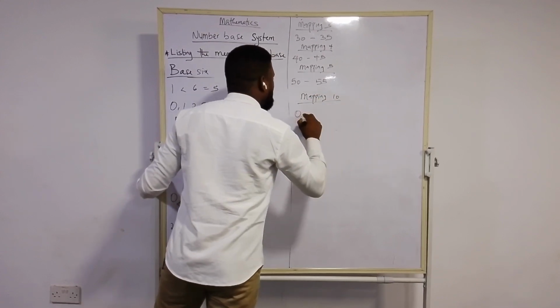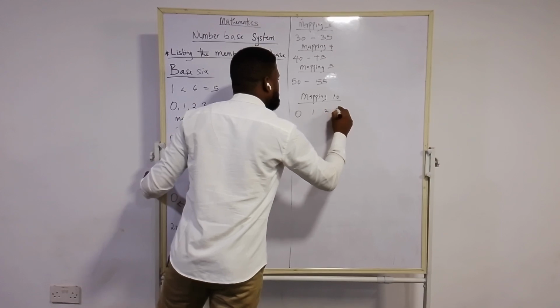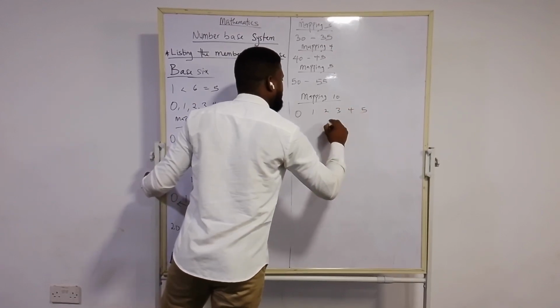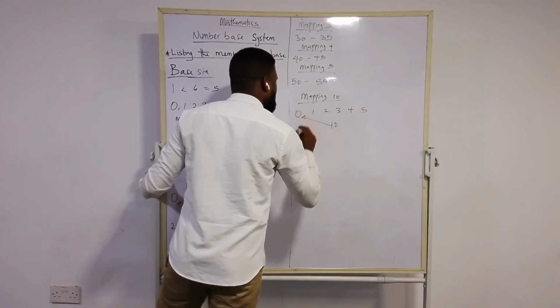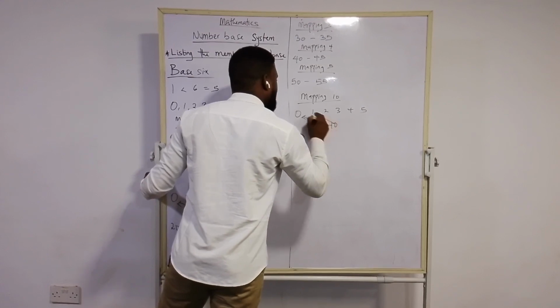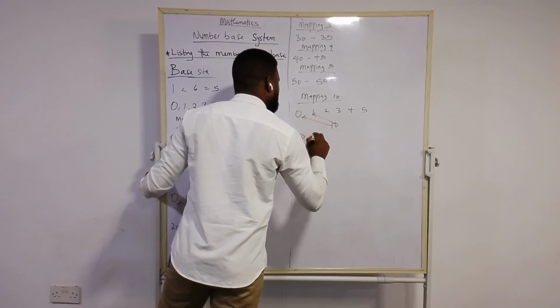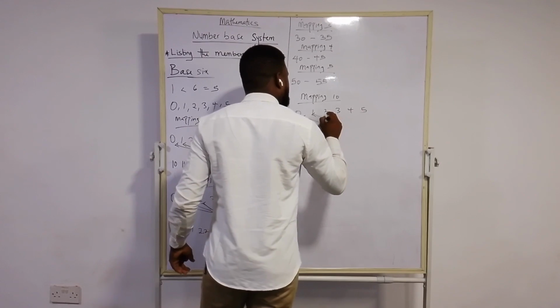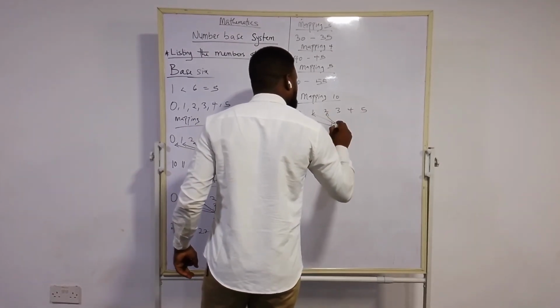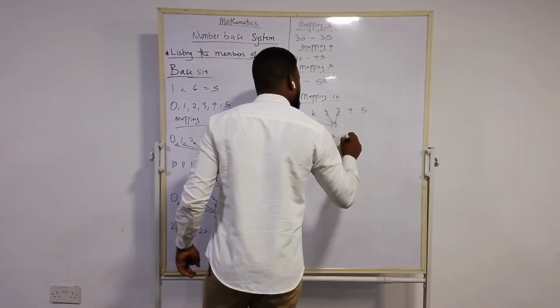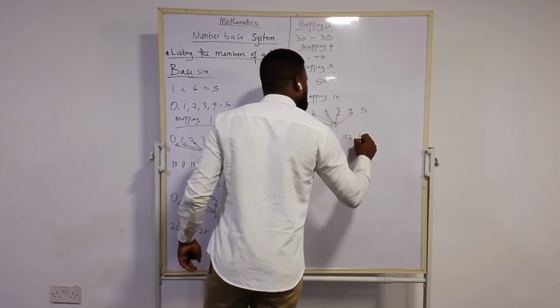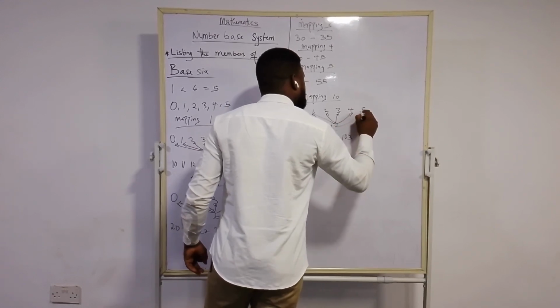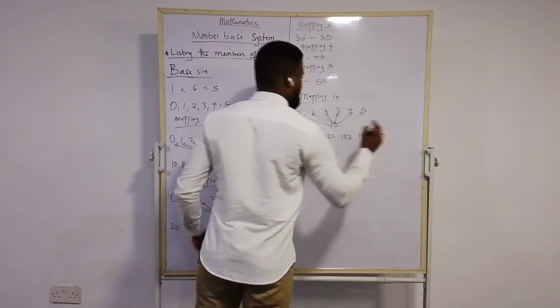So we have 0, 1, 2, 3, 4, 5. Mapping 10, you map 10 to 0, you get 100. You map 10 to 1, you get 101. You map 10 to 2, you get 102. You map 10 to 3, you get 103. You map 10 to 4, you get 104. And when you map 10 to 5, you get 105.